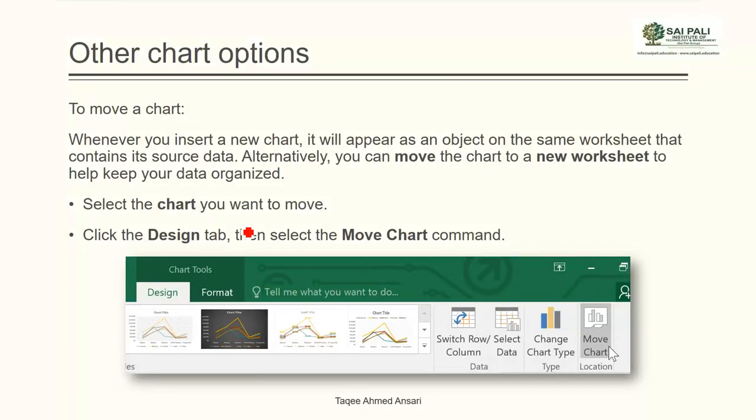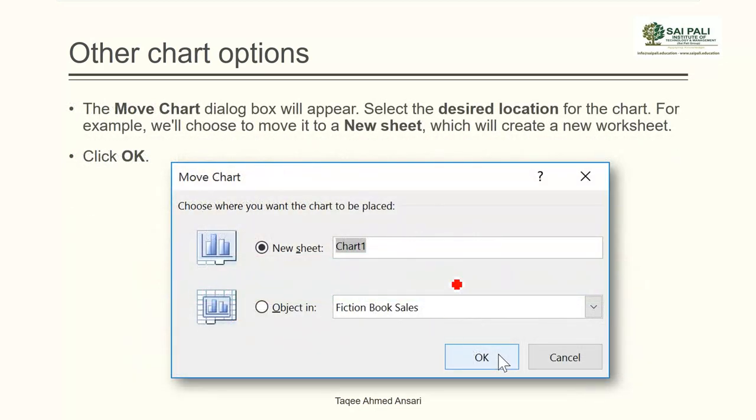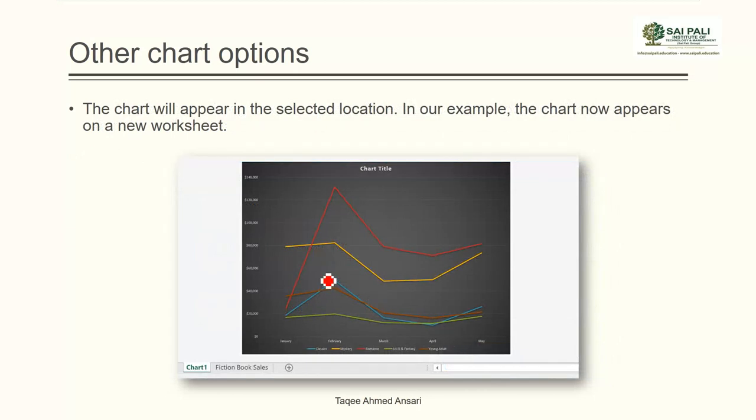For moving it, select the chart, and from the Design tab click on the Move Chart command. It opens this dialog box. It asks whether you want to move it to a new sheet or to an existing sheet. If you have existing sheets, you can choose from this drop-down menu, or you can create a new sheet. I can even name the sheet and then click OK. When you press OK, your chart will appear in the new sheet, which is only for that chart.